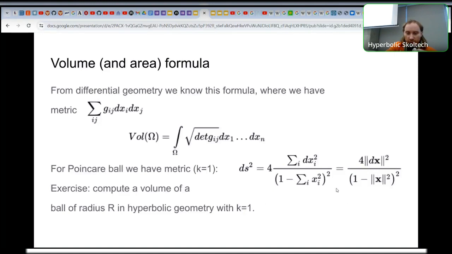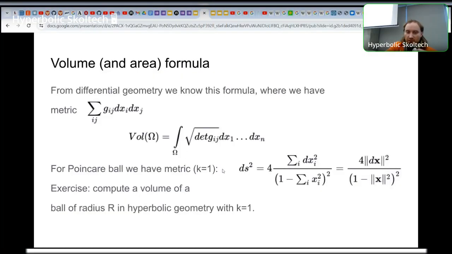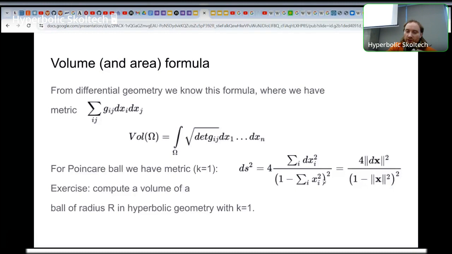Actually, here, why is there no k? Let me mention it. In this formula for the Poincare ball, the key here is when you take the ball of radius k.